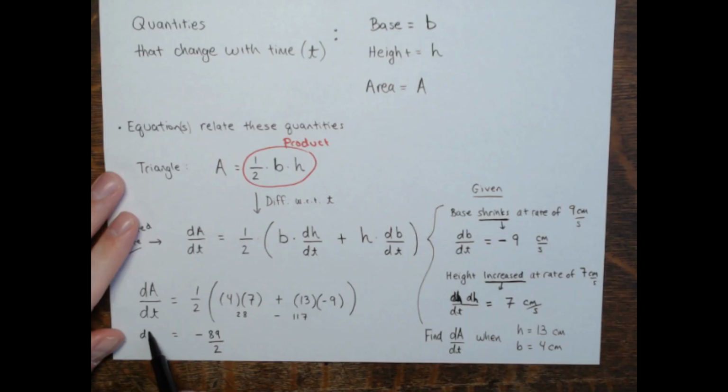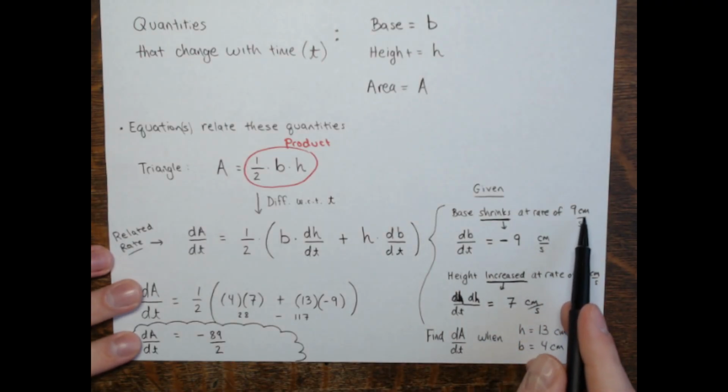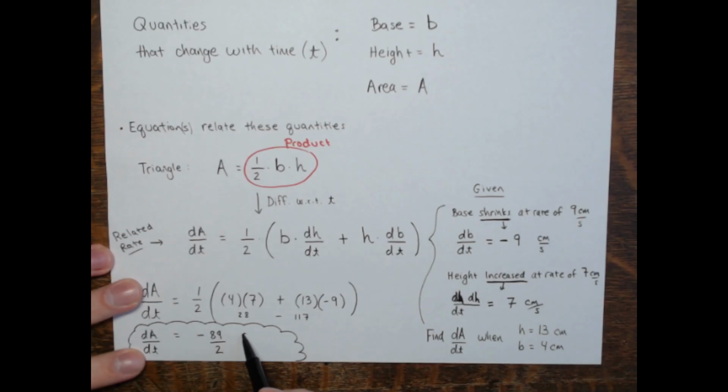So there's A prime. Now the units on this, they already have the units written in the answer part, but I'll explain. This should be a change in area over change in time. So change in area units in the numerator. Length units were given in centimeters, so my area units will be in centimeters squared, right?